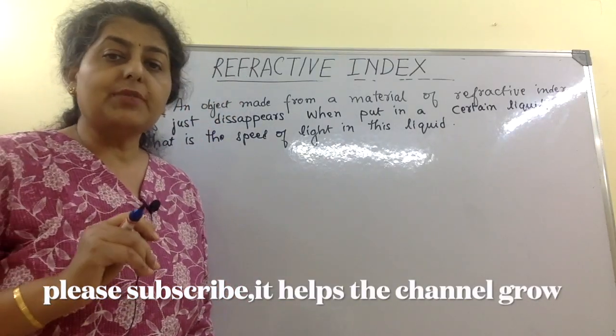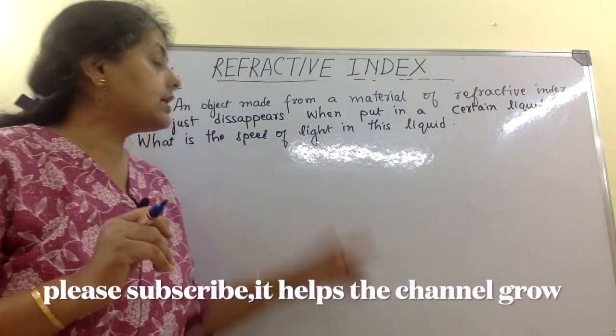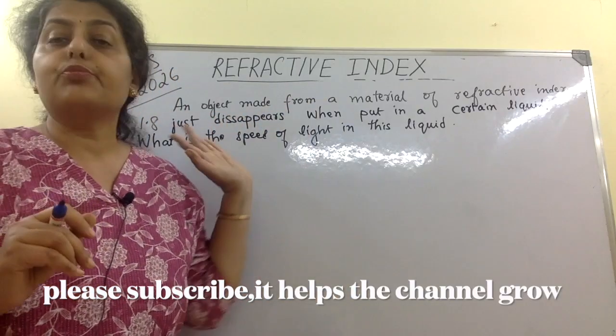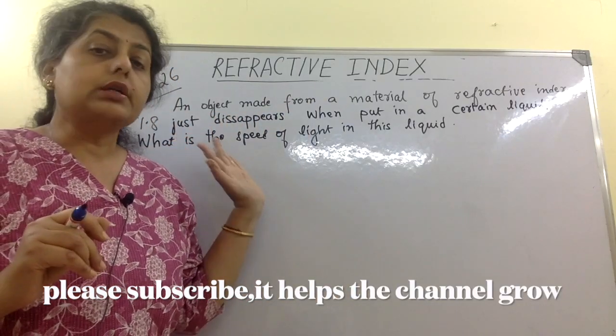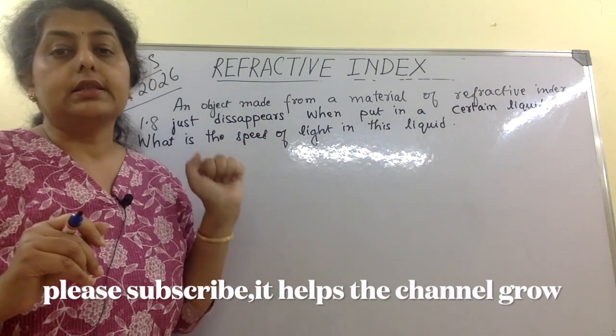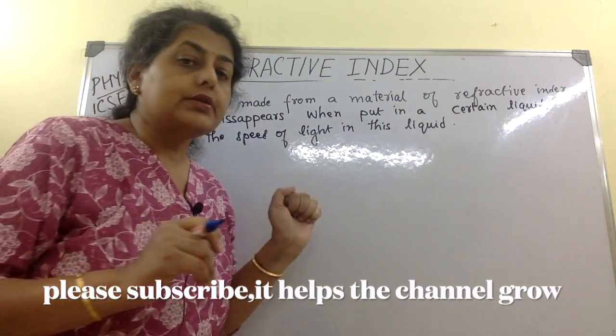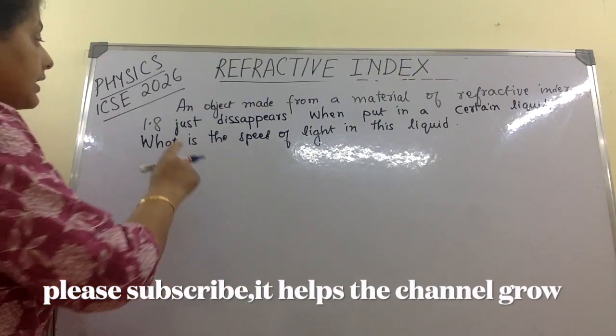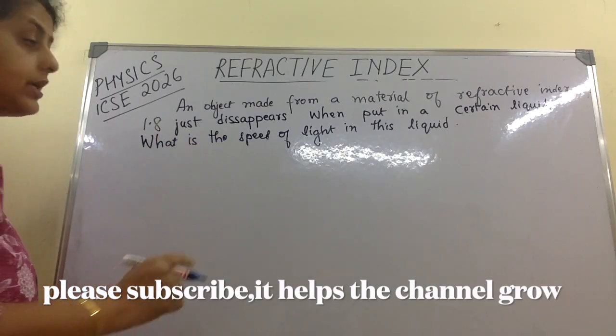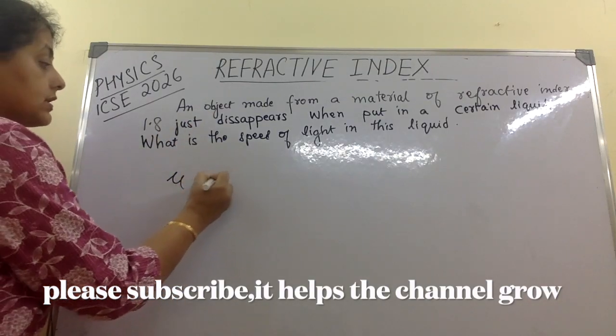An object made from a material of refractive index 1.8 disappears when put in a certain liquid. What is the speed of light in this liquid? So refractive index is 1.8. What is the formula for refractive index?